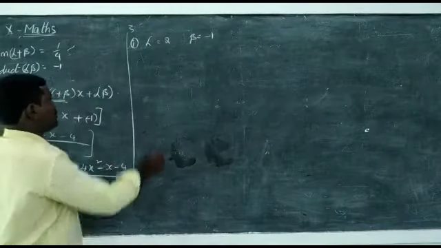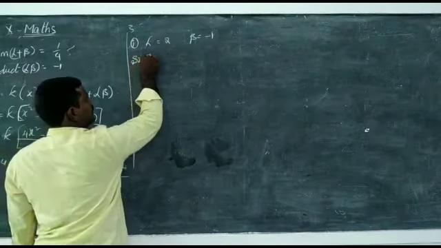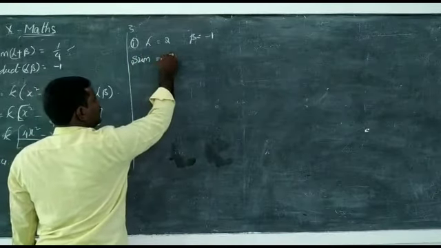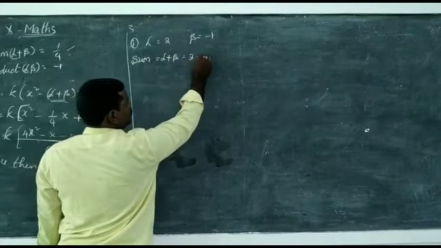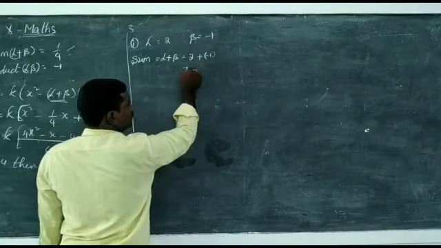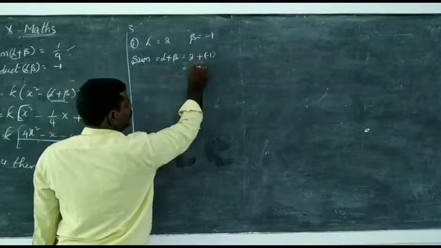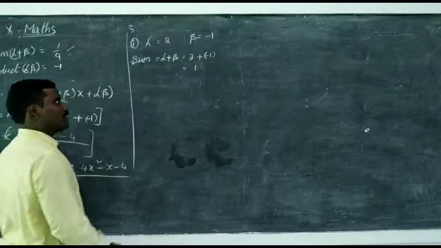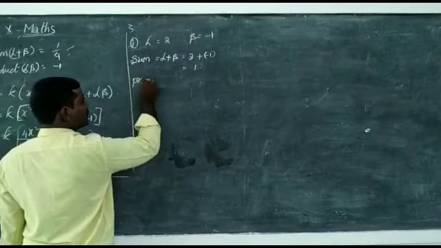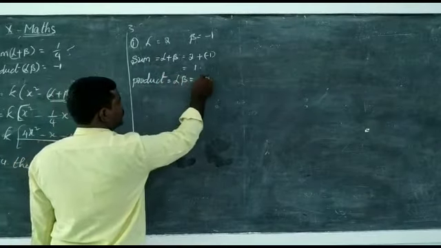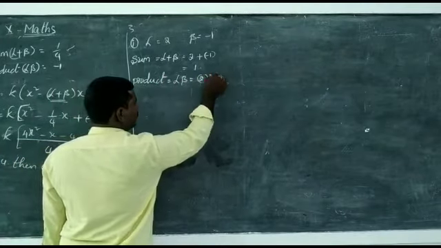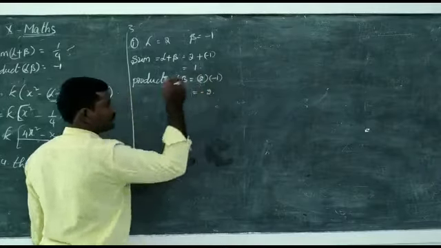Now, same as before, you have to find the sum here. Sum, alpha plus beta equal to alpha is 2 plus minus 1, 2 minus 1, 1. Alpha plus beta is 1. Now product, alpha beta equal to 2 into minus 1, minus 2.